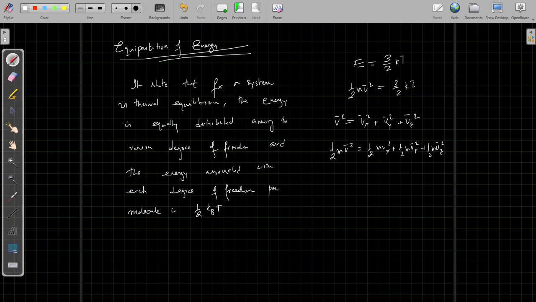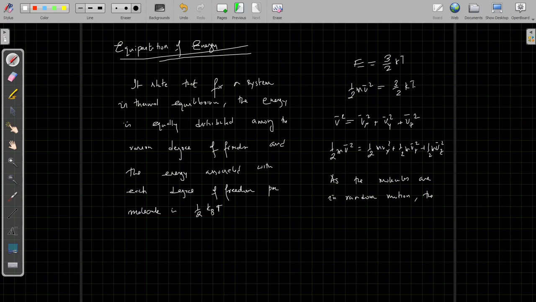Therefore, as the molecules are in random motion, what is happening?